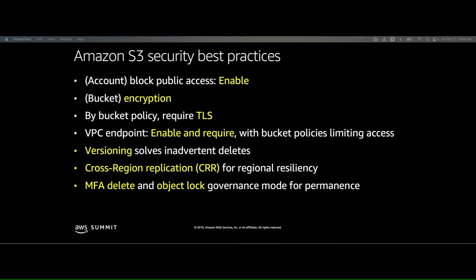Enable that if it's disabled. That's very important. Enable encryption at rest, meaning server-side encryption. You want to make sure that your bucket objects are encrypted. Also, by bucket policy, make sure that everything that comes in requires TLS, so you encrypt those requests in transit.